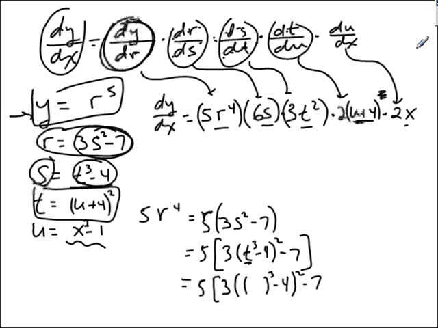But t is u plus 4 squared, so that becomes 6th power. But now u is x squared minus 1. So this becomes 5 times 3 times x squared minus 1 plus 4, which is x squared plus 3, to the 6th power minus 4, all squared minus 7.